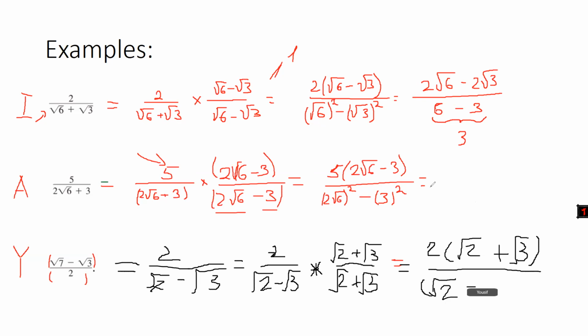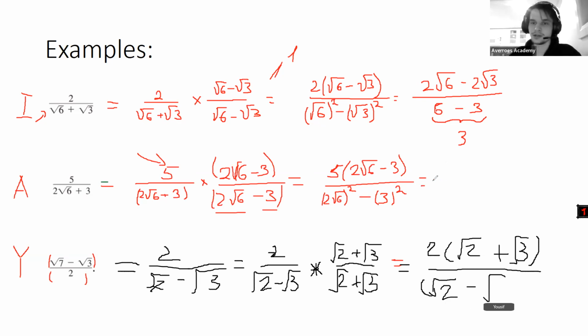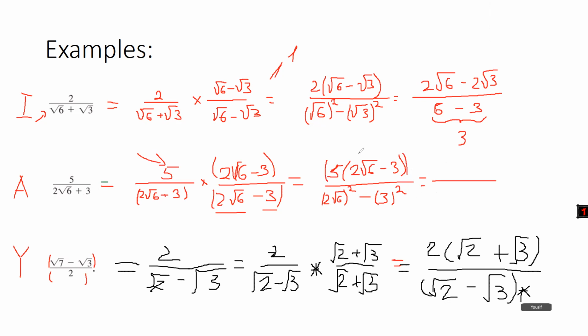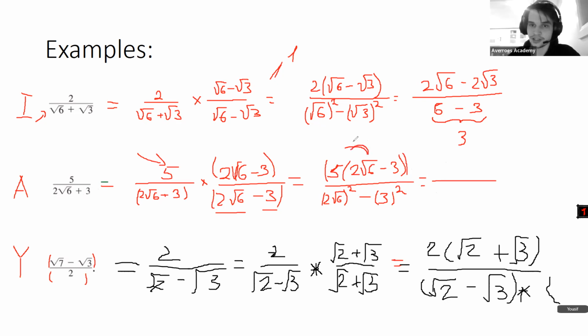So after this, if in this example you're trying to rationalize the denominator, we leave the numerator as it is. And if we can simplify it even more, if we can extract something from the brackets, it's even better. But in this case, we can't. So we're just simplifying the denominator even further.